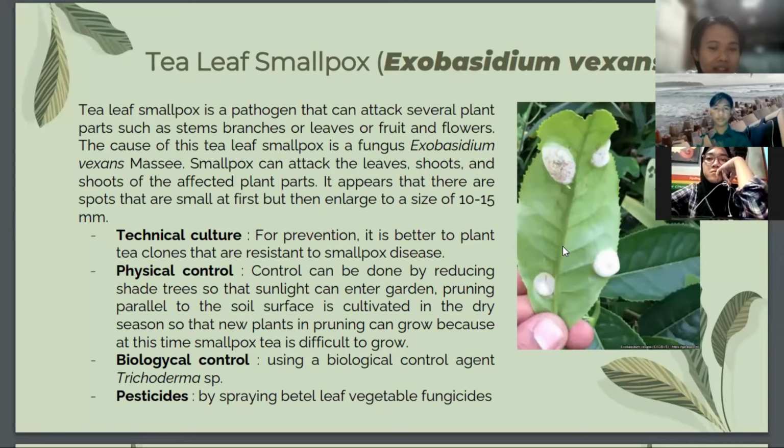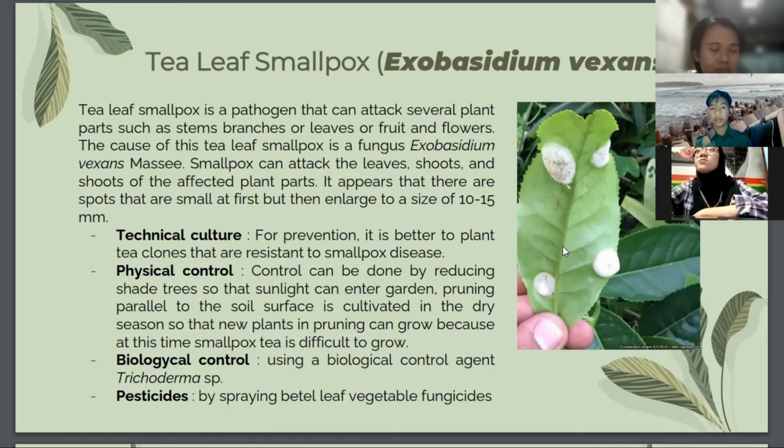Smallpox can attack the leaves and shoots of the affected plant. It appears as small spots at first, but then they enlarge to a size of 10 to 15 millimeters. Technical culture: for prevention, it is better to plant tea clones that are resistant to smallpox disease.